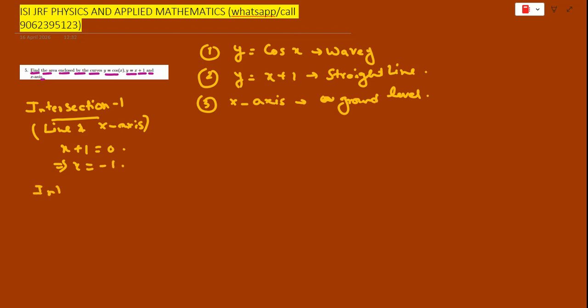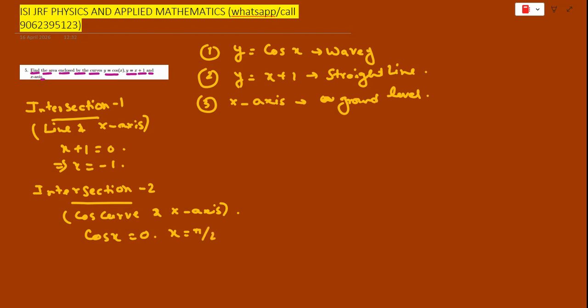Now intersection 2, that is the cos curve and the x-axis. So cos x is 0, so x will be pi by 2.